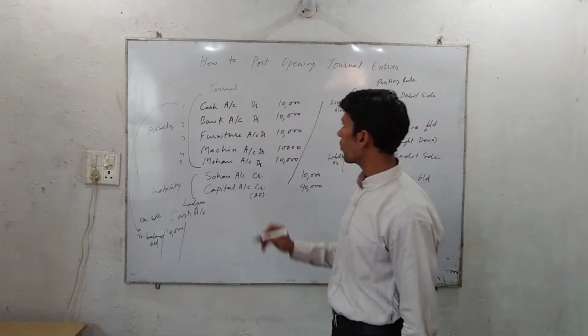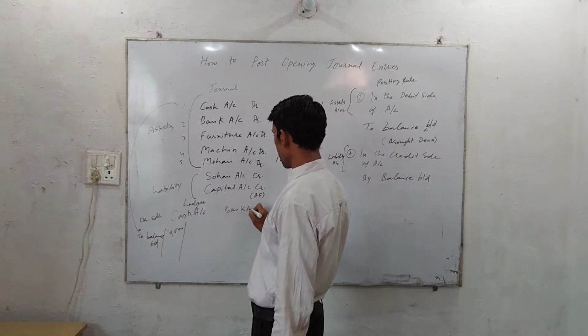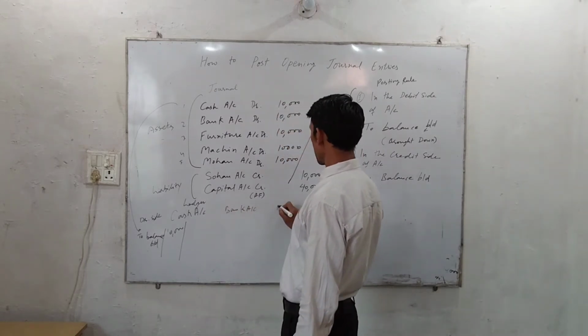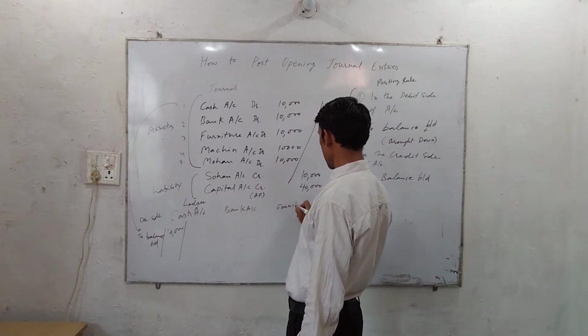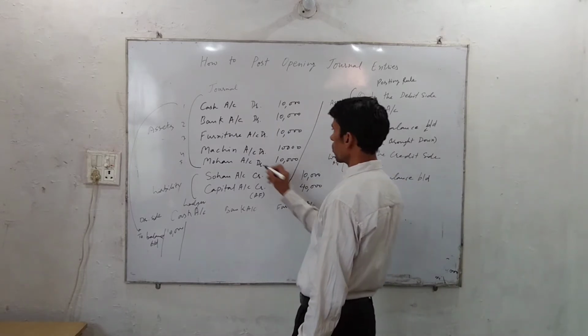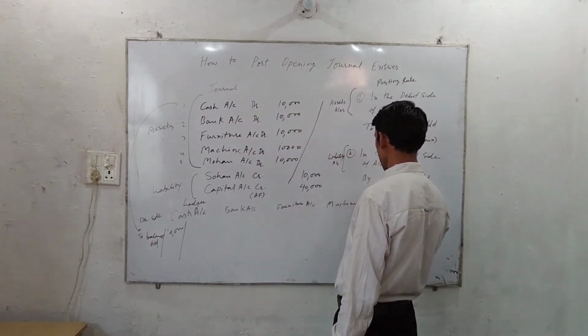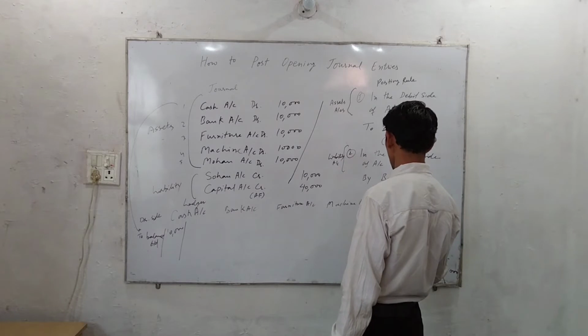Like this we open all the accounts: bank account, furniture account, machine account, and Mohan account.